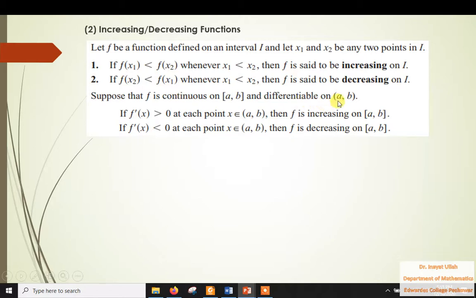and differentiable on ab. It means that if you find the derivative of the function, that derivative exists for any value between a and b. So in that case we say that the function is differentiable on this interval. So suppose that a function is given to you.